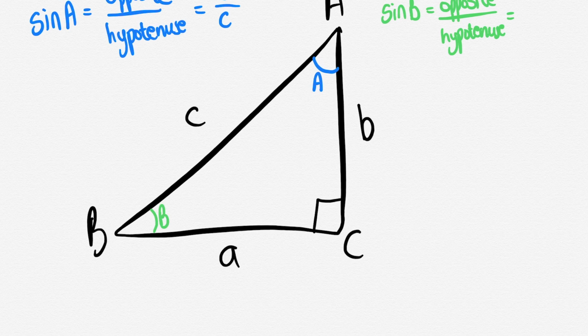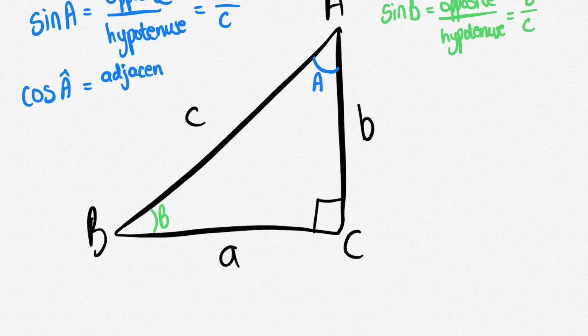Like you can see, I've got a blue A and I've got a green B. The opposite side for the green B angle would be the lowercase b, but the hypotenuse stays the same for all angles, and that would be C. Alright, so just make sure you understand that. The angle determines the opposite side.